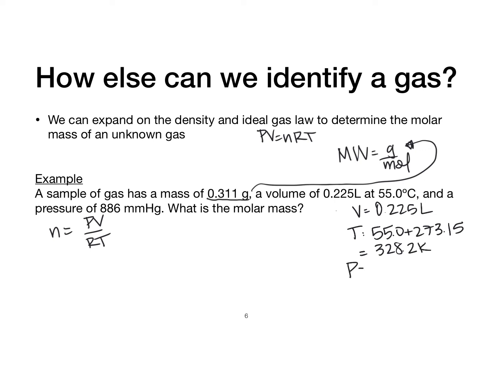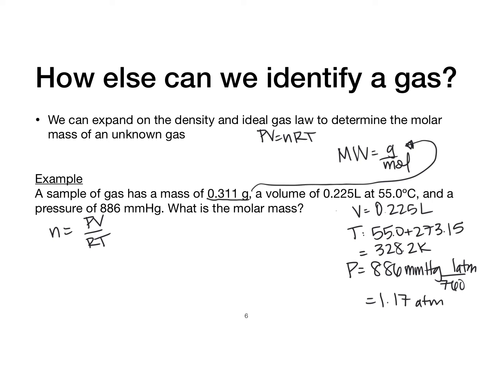Oh, and we have a pressure of 886 millimeters of mercury divided by 760 to get it to atmospheres, and that gives us 1.17 atmospheres.